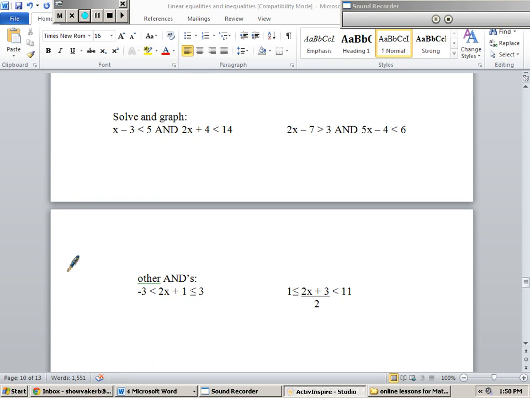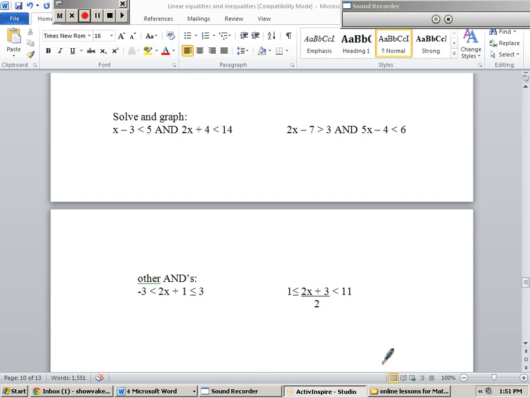Solving these are the same thing. Distribute, no. Lose the fraction, yes. So I'm going to multiply by 2. This gets a 2, 1, 2. So 2 is less than or equal to 2x plus 3, which is less than 22. Look in the center, move the 3. Negative 1 is less than or equal to 2x, which is less than 19.